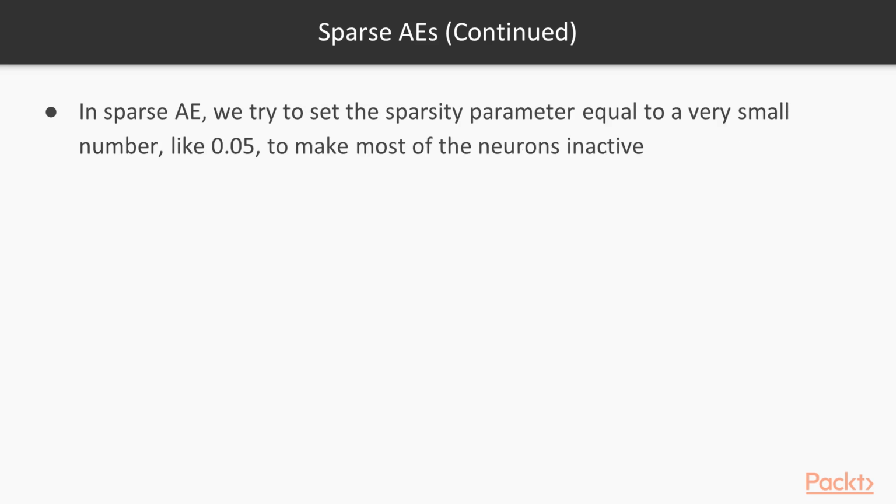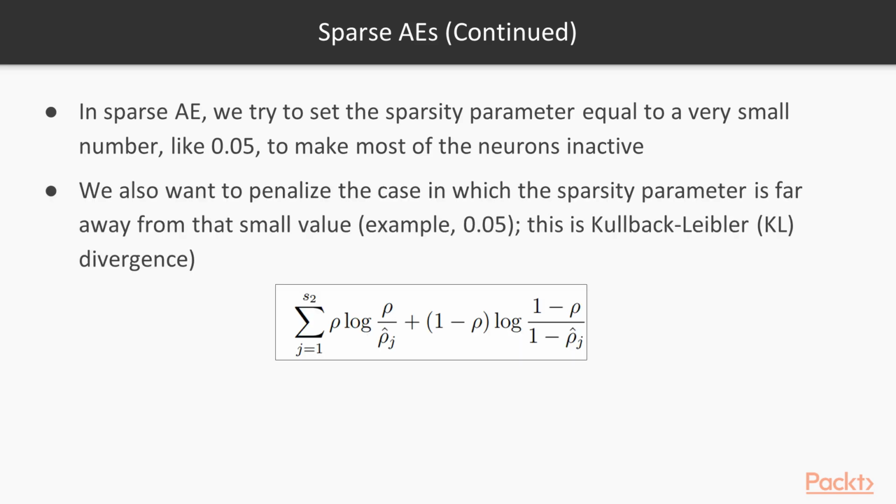In sparse autoencoders, we try to set the sparsity parameter equal to a very small number like 0.05 to make most of the neurons in the hidden layer inactive. The smaller the rho, the more hidden neurons are inactive. We also want to penalize the case in which the sparsity parameter is far away from the small value, like the sparsity value 0.05 here.